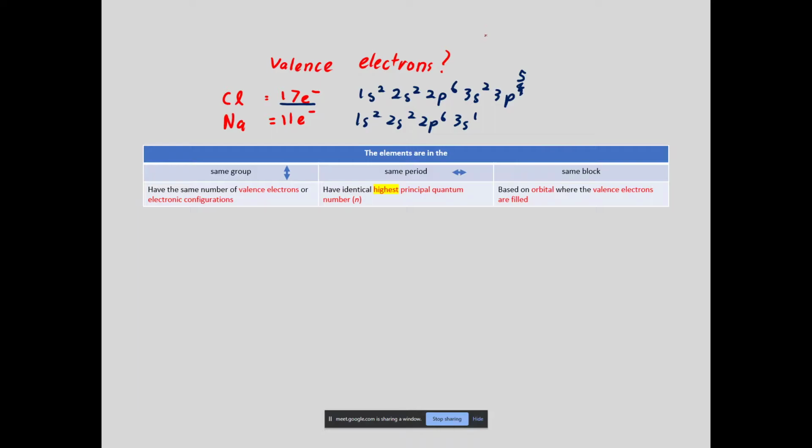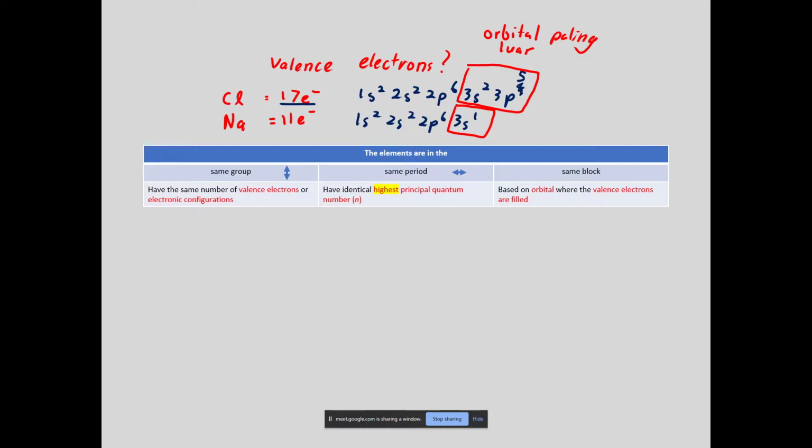So, valence electron is electron yang the outermost orbital, orbital yang paling luar. You nak tengok orbital yang paling luar, tengok the highest principal quantum number. So, ini 1, ini 2. So, this is the valence electron untuk sodium. While untuk chlorine, kita tengok 3. So, ambil semua yang ada 3. So, this is the valence electron of chlorine.